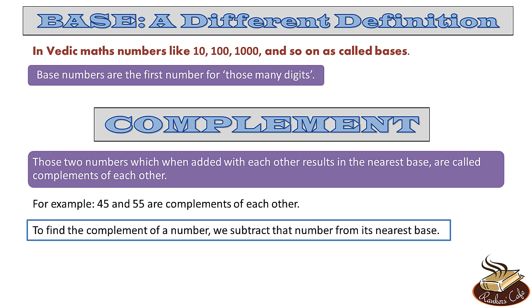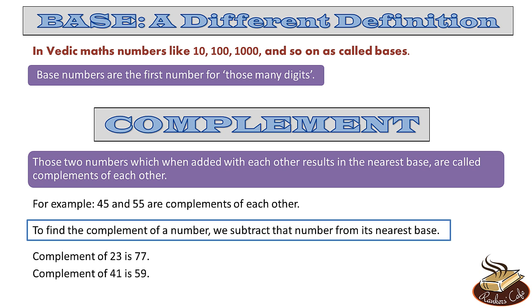For example, let's find the complement of 23. Now the nearest base to 23 is 100. So we subtract 23 from 100 to get 77. Hence complement of 23 is 77. Similarly, complement of 41 is 59 as 100 minus 41 is 59.